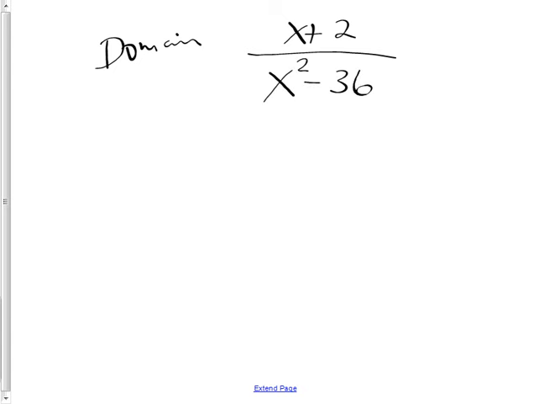Let's say that you were given a domain. So you need to find the domain of this one, where it's x plus 2 over x squared minus 36. Oh, and that's going to be underneath the square root.